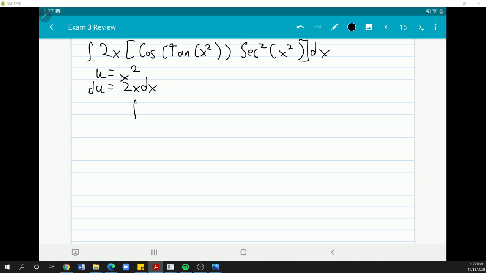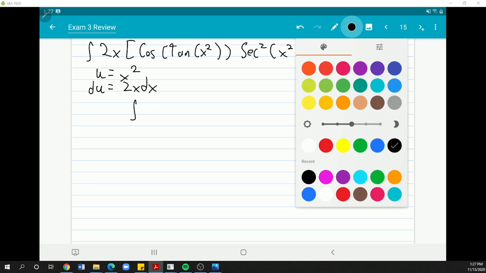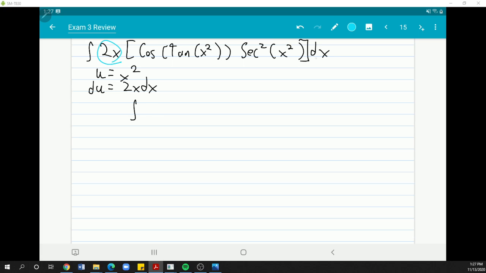Okay, so then this integral becomes, I have a 2x dx, so I can now replace every time I see an x squared with a u. So I have the integral of cosine of tan of u times secant squared of u du. And now this integral seems a lot less scary, but I still have a function inside of another function.